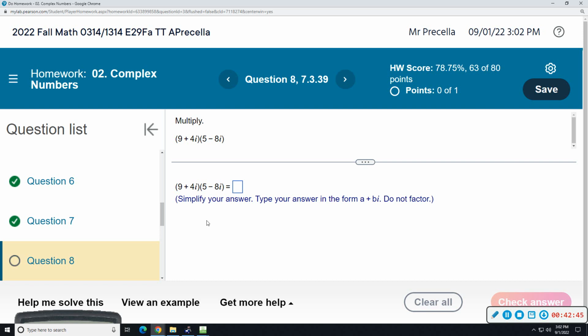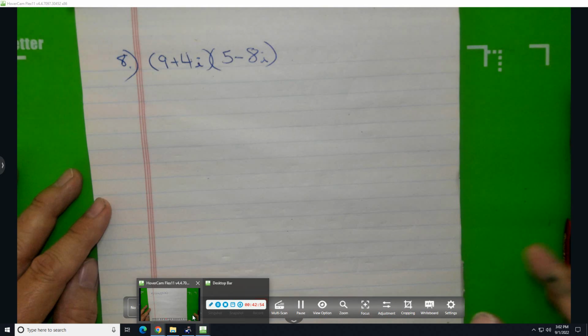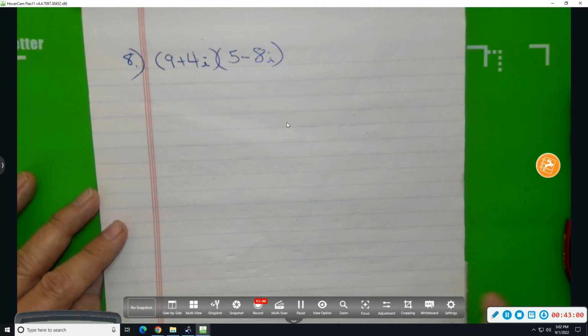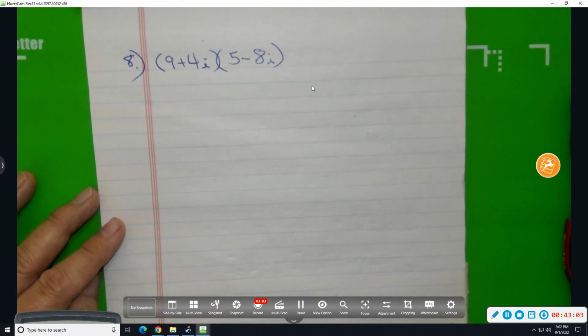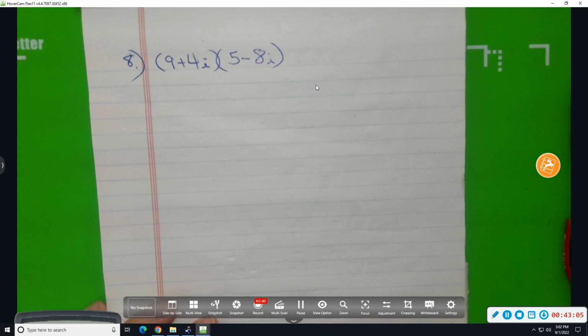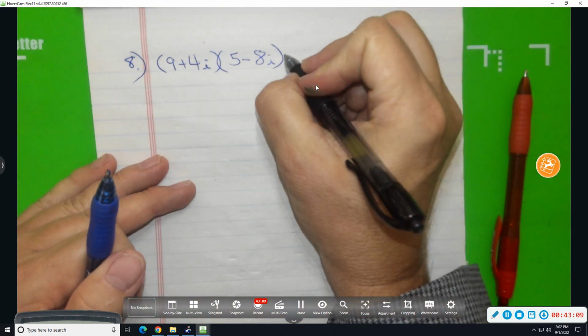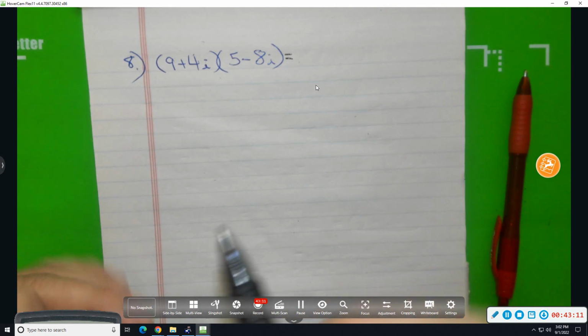Binomial times binomial. The algebra of complex numbers, the algebra of i's, is amazingly similar to the algebra of x's. When we're adding and subtracting complex numbers, we're just combining like terms. Here we're FOILing out, multiplying two complex numbers. We're just going to have to FOIL with one extra step. Replace that square with a -1. And you'll see that in a moment.